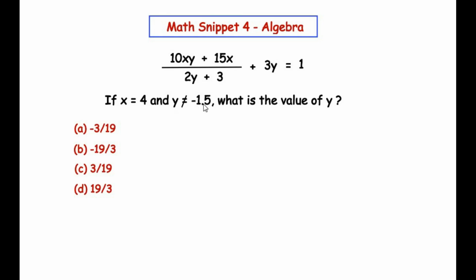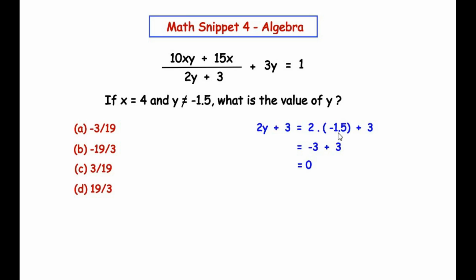Now why is this? So let us first understand why y should not be equal to minus 1.5. Now you can see over here in the denominator we have been given 2y plus 3. So if we put y equal to negative 1.5, here you can see that I have taken the denominator 2y plus 3 and in place of y we have plugged in its value as negative 1.5. So 2 times negative 1.5 plus 3.